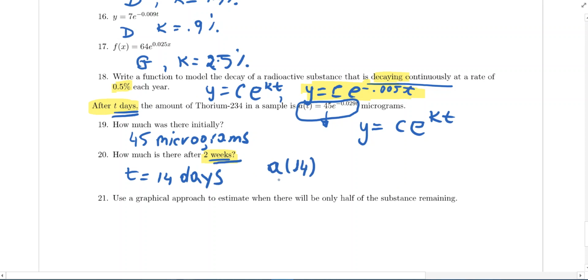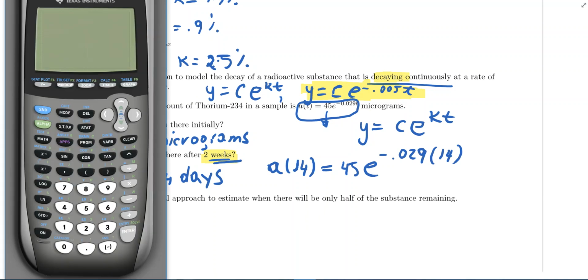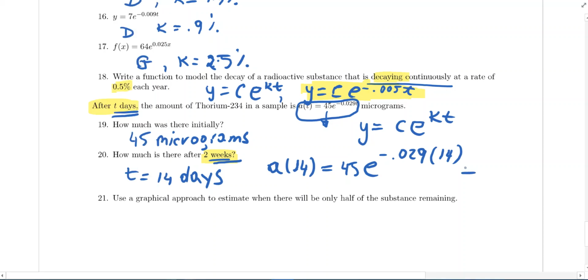So the amount after 14 is 45 times e to the negative 0.029 times t, right? T is 14. So when I put this in the calculator, 45 times e to the power negative 0.029 times 14 equals 29.98 micrograms.